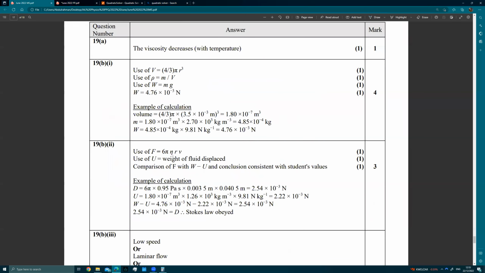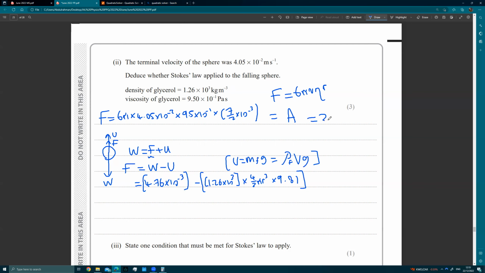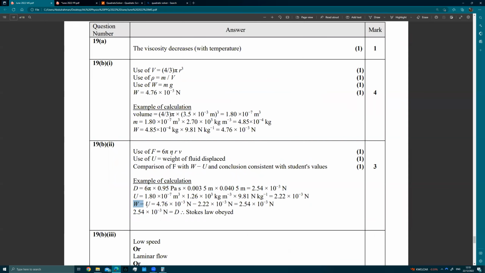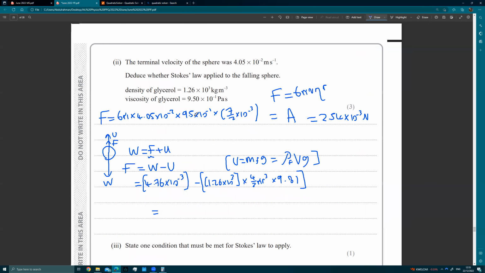So for friction, you would have got 6 pi blah, blah, 2.54 times 10 to the minus 3. So you'd have got 2.54 times 10 to the minus 3 newtons. And then for this one, weight minus upthrust, you would have also got 2.54 times 10 to the minus 3.